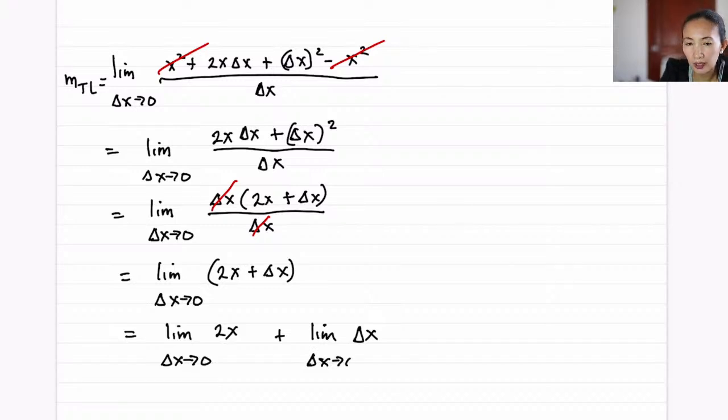What have you learned about limits? Limit theorem says, look, what will this be? Can you evaluate the first? Limit of 2x as delta x approaches 0. What will this be? Anyone?